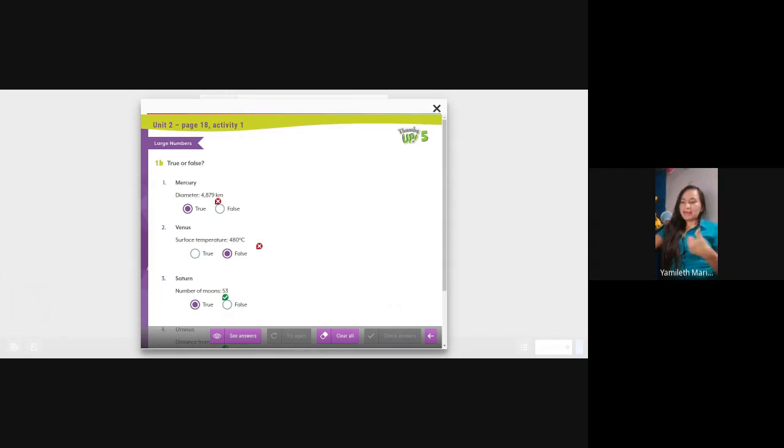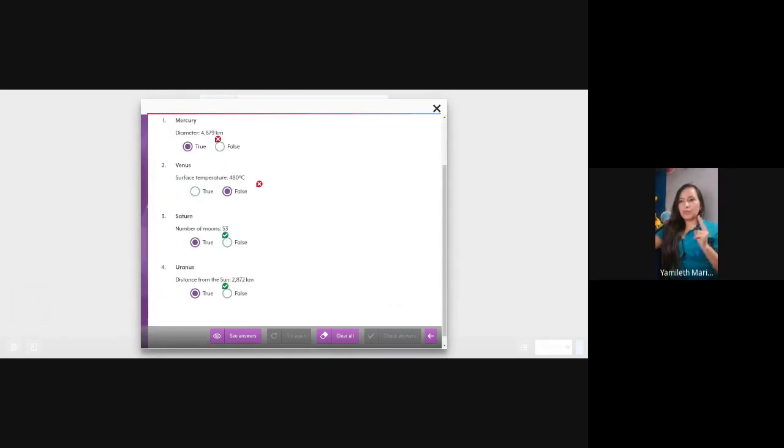Well, it's time to practice these numbers. Please, everyone, listen. Then you are going to say the numbers. Diameter, 4,879 kilometers. Venus, surface temperature, 480 degrees Celsius.